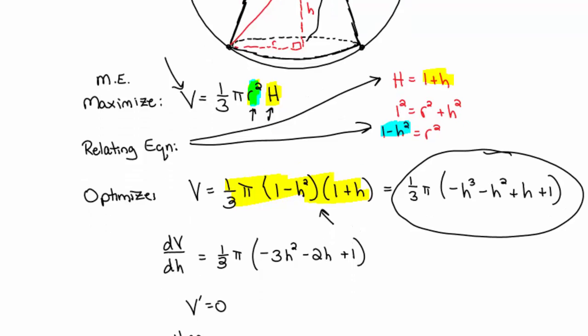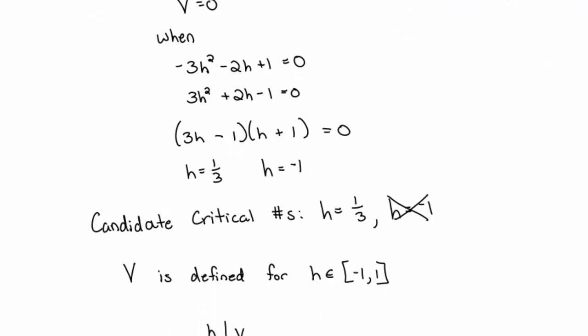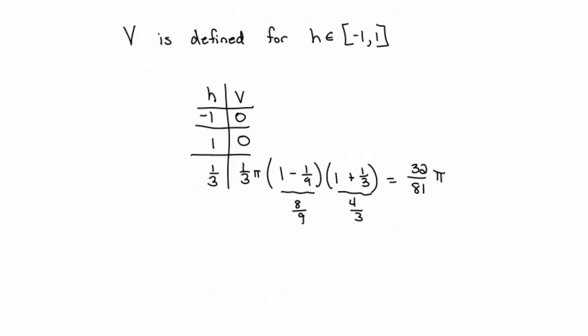And then use material from previous sections in your textbook, which would be optimization, absolute maximums and minimums, to find the derivative of this function and the values of that function at the edges of the domain. And take the maximum if you're maximizing, or the minimum if you're minimizing.